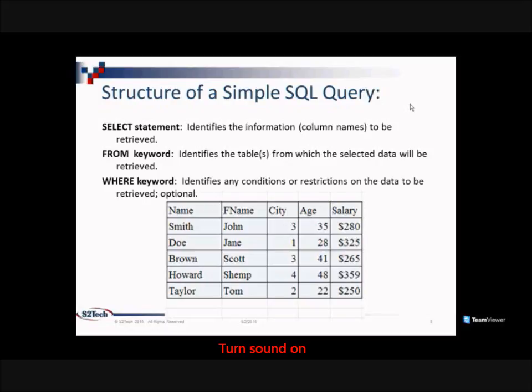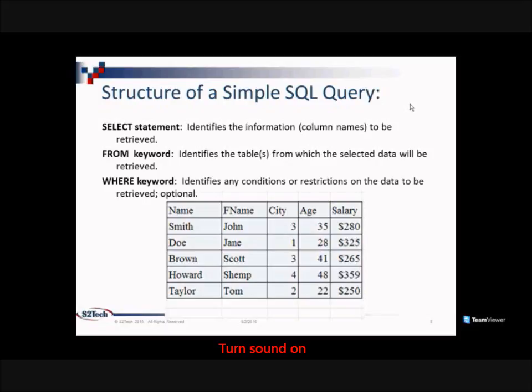We have name, F name or first name, city, age, and salary. If I was asking a question of this data that said, I want to see the name and the first name of every person in this table who is over the age of 30, then the 3 specific columns that I would likely want to see is name, F name, and age.